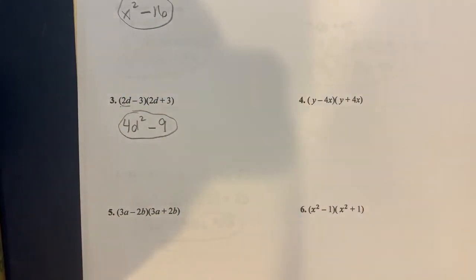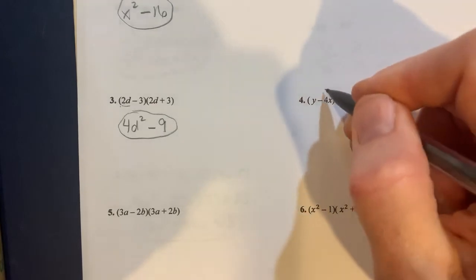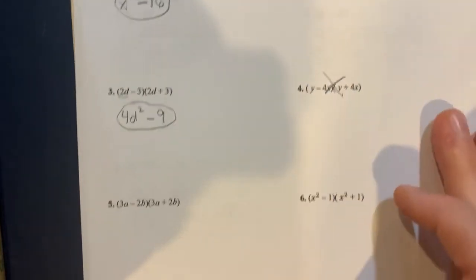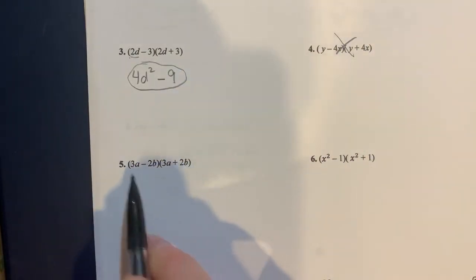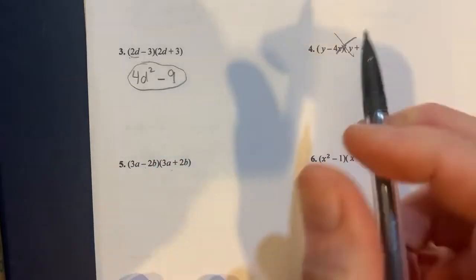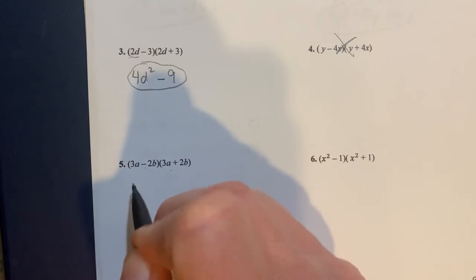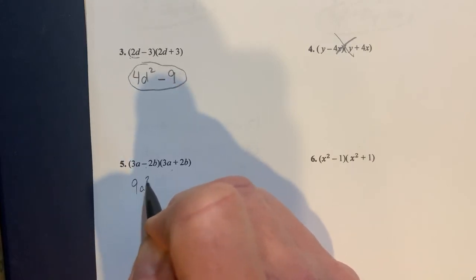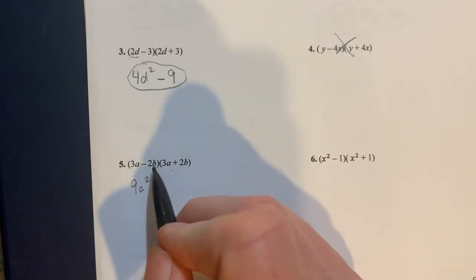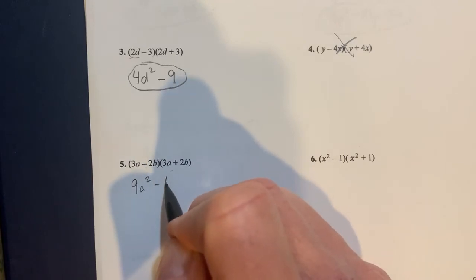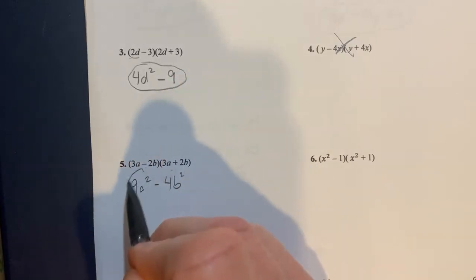All right. We'll skip this one as well. Let's go ahead and do this one. Again, they're exactly the same except for one's plus, one's minus. So square that. 3a, the quantity squared would be 9a squared minus 2b squared, that would be 4b squared.